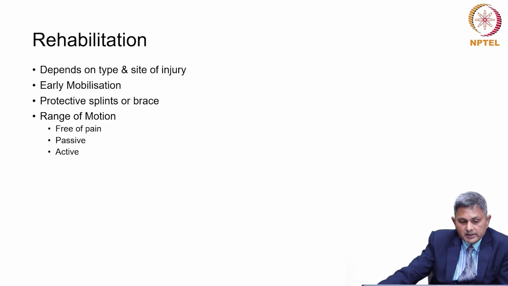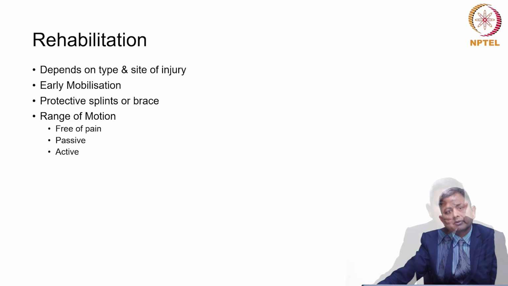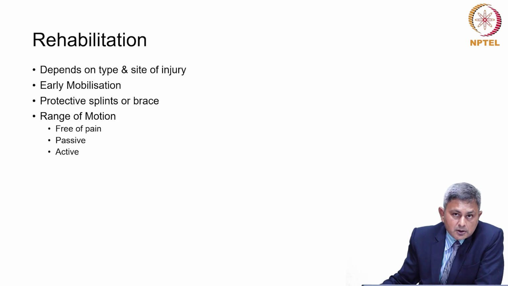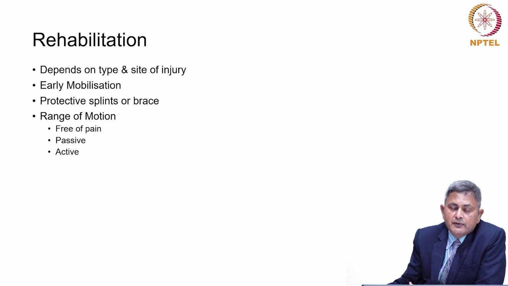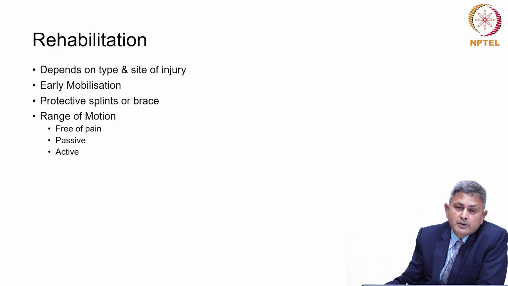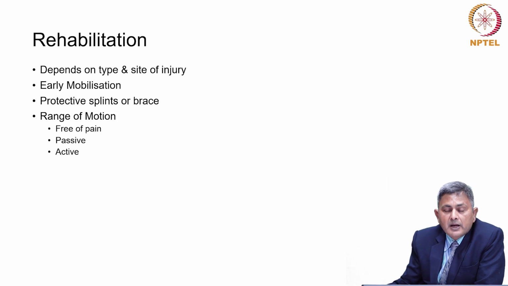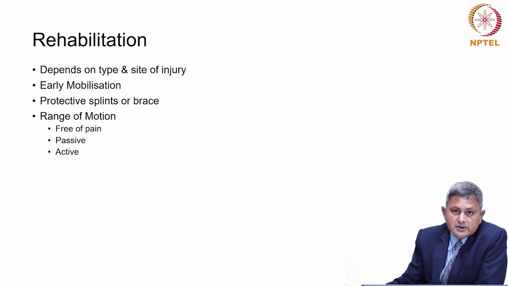In rehabilitation we have discussed how the rehabilitation part is designed. That is early mobilization, protective splints or braces. Like a person recovering from an ACL tear, after his operation he is advised to wear fixed knee braces or splints with angle fixation.